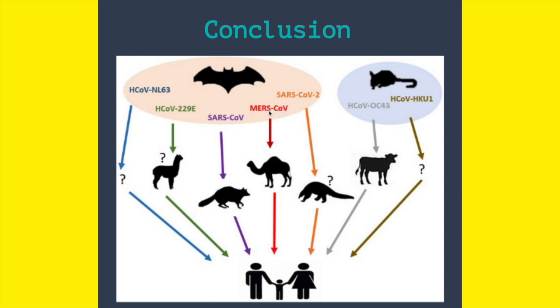MERS coronavirus was passed to camels, which was an intermediate host, which then passed it to humans. And for SARS coronavirus 2, it is still being tested and it's not confirmed yet, but it is most likely the pangolin that was the intermediate host that then passed it to humans.